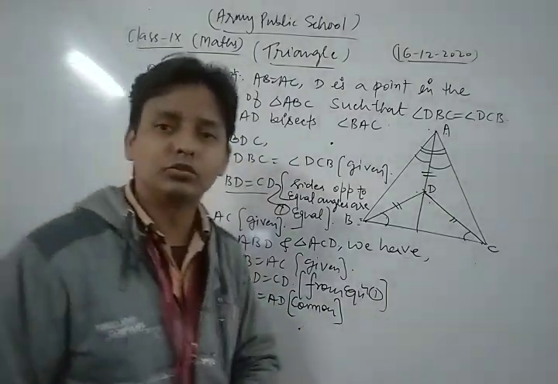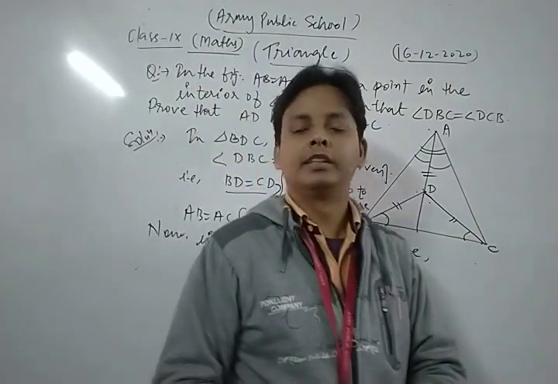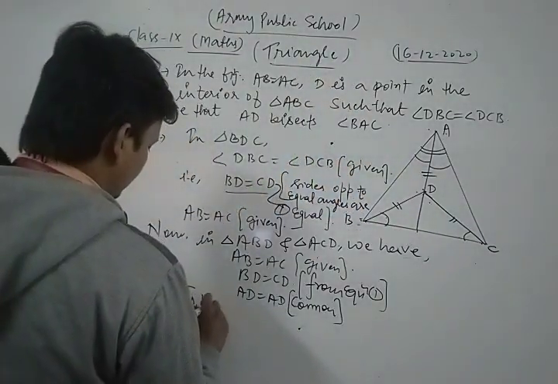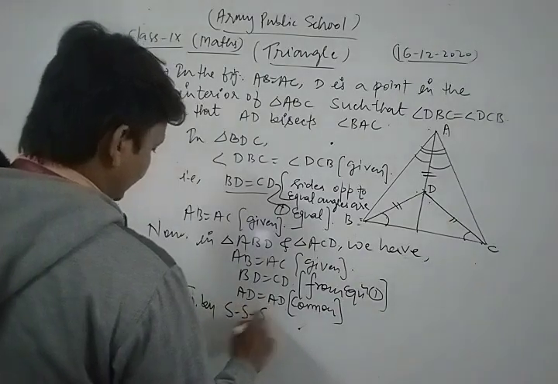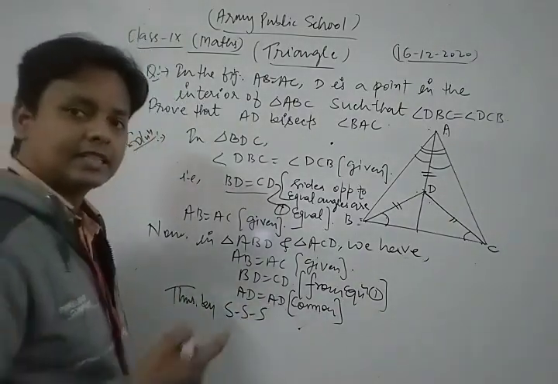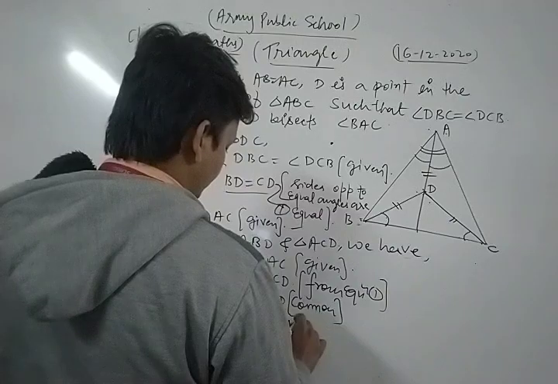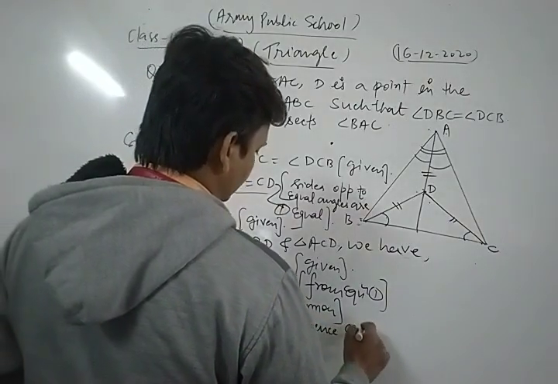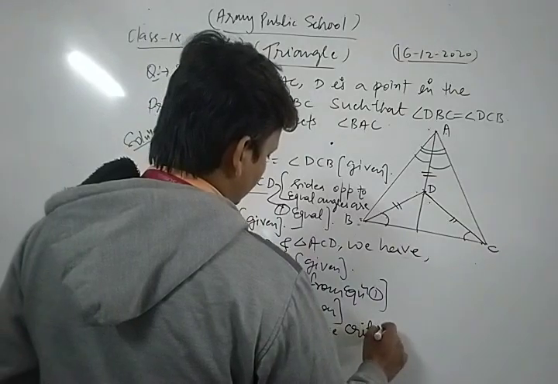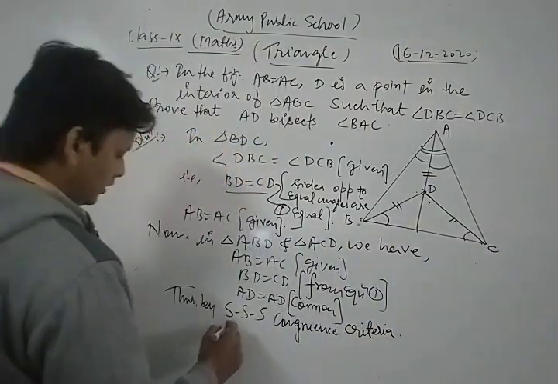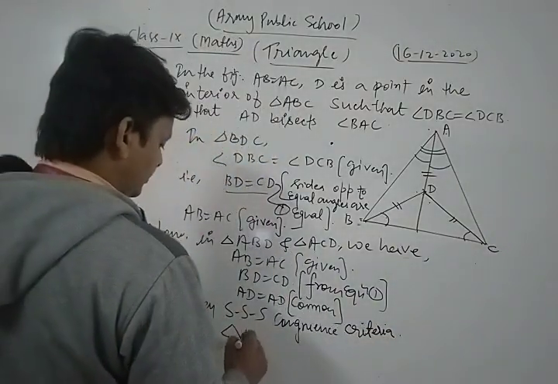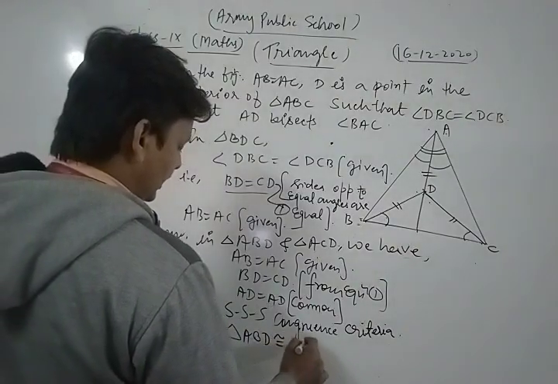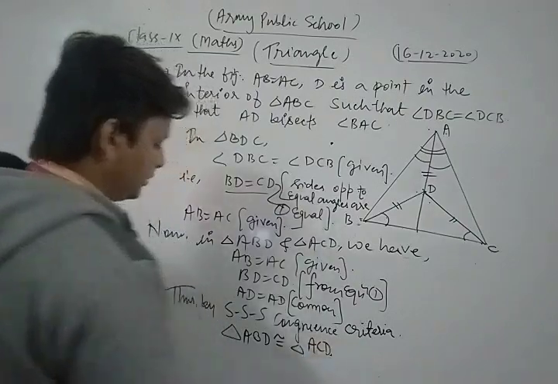Thus by which congruence criterion, dear student? Thus by the SSS congruence criterion, triangle ABD is congruent to triangle ACD, dear student.